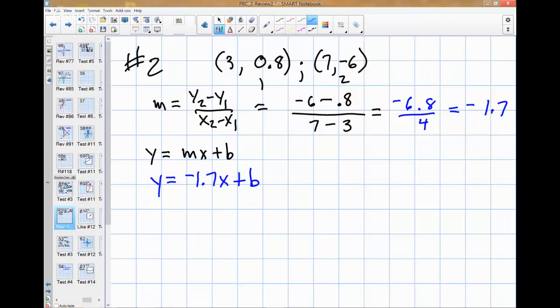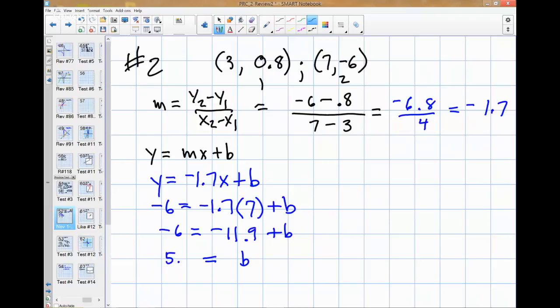Okay, let's do the slope-intercept over again. Negative 6 equals negative 1.7 times 7 plus b. That's negative 11.9. Add 11.9 to both sides, and you would get what, 5.9?